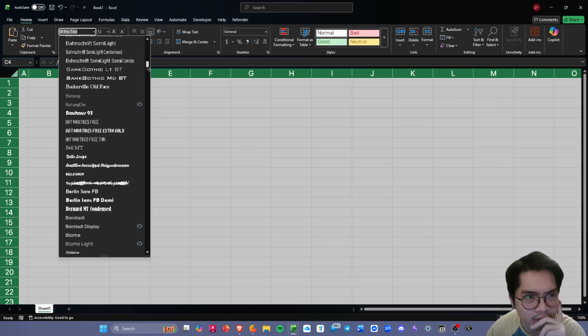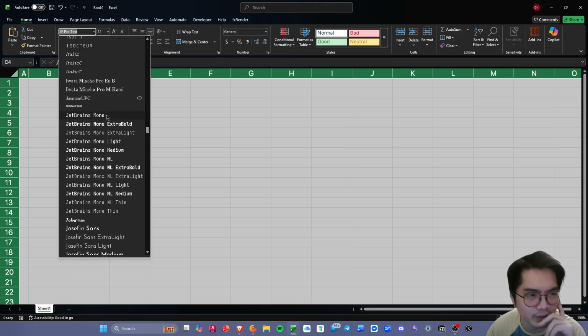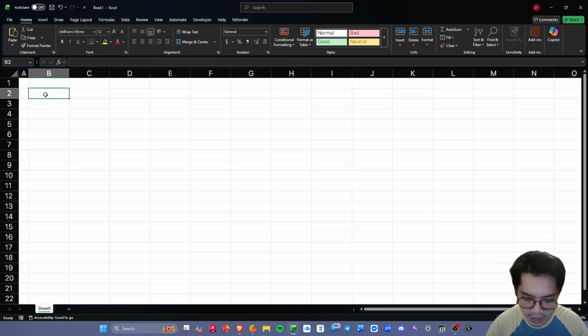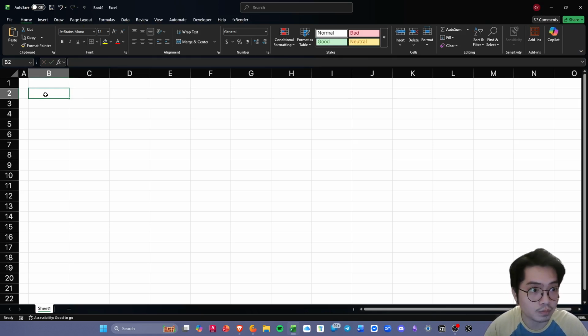Courier. JetBrains can work. Okay, let's just go with JetBrains. What we will have here, I will just write down my f of x so that I don't lose track of what it is.